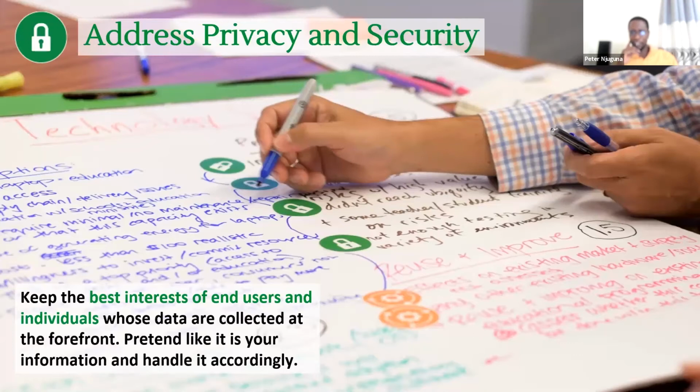And one of the most important things around this principle, if we recall, and those who are aware, is that around May 2018, the General Data Protection Regulation, GDPR, came into force in the EU. This brought a lot of drastic changes in how personal data is collected, handled, transferred and destroyed.